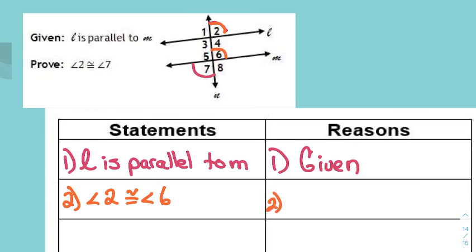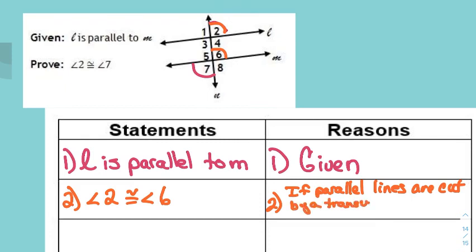And that property and definition, if you remember from our previous unit, is that if parallel lines are cut by a transversal, then the corresponding angles are congruent.